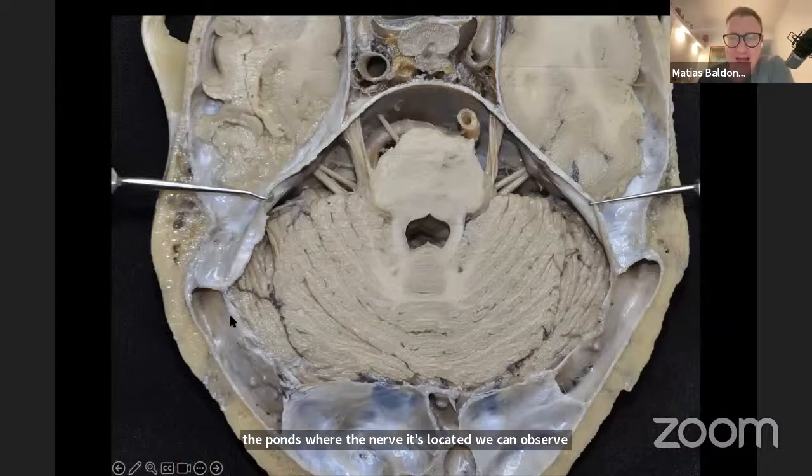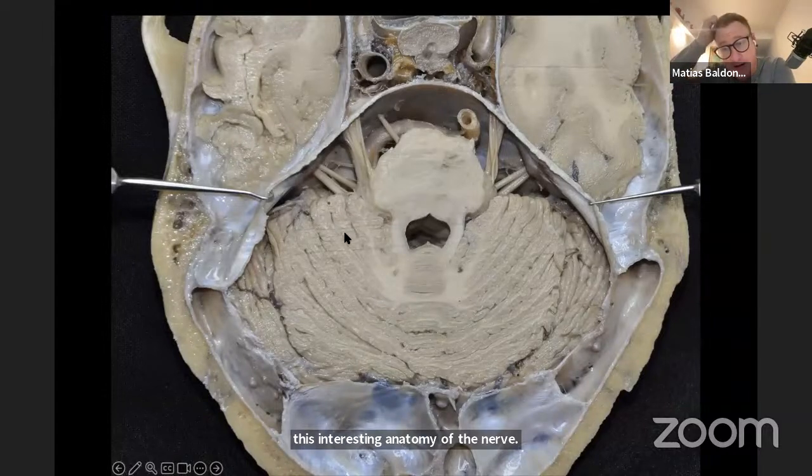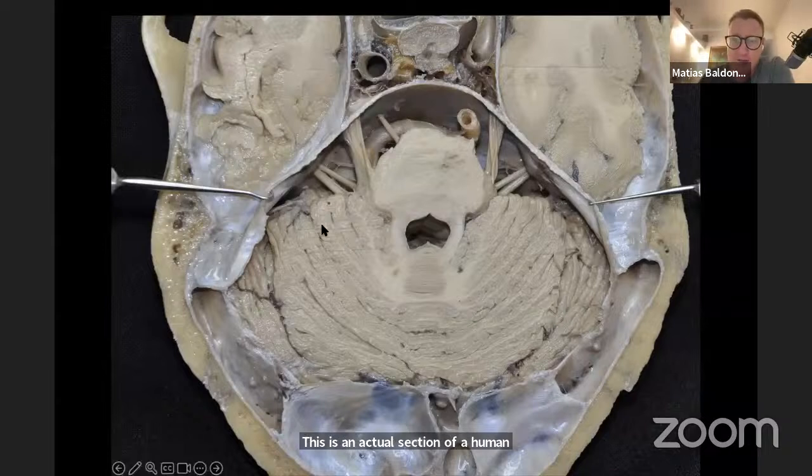This is an axial section of a human head, and we can observe the following anatomical details.